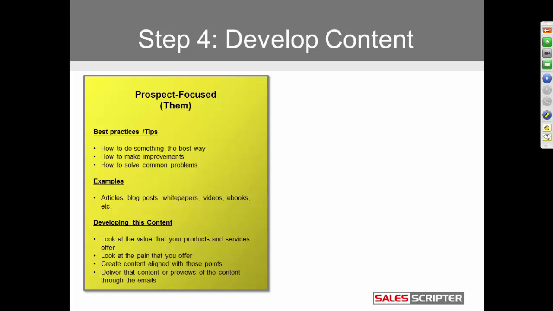A more effective way to do it is to send a preview or a promotion of the content that's available in the email, and then have the contact click through the email to get to some sort of landing page or website to get the full piece of content.